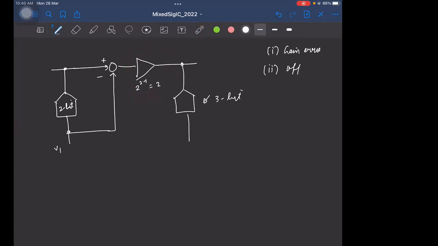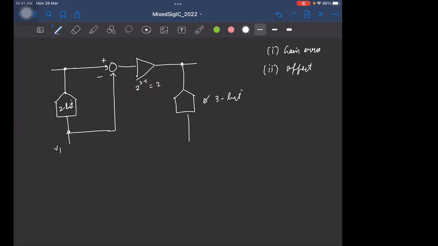Obviously you think that you are realizing an amplifier with a gain of 2, but in practice nothing is going to be as you wanted. There will be a lot of things that are going to destroy your design, and you will not get an exact gain of 2. And the other is, of course, you will have an offset associated with the amplifier.